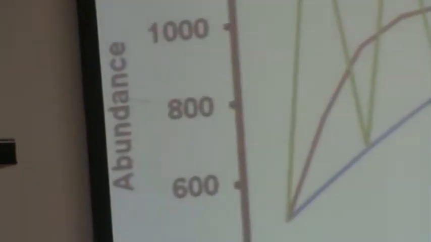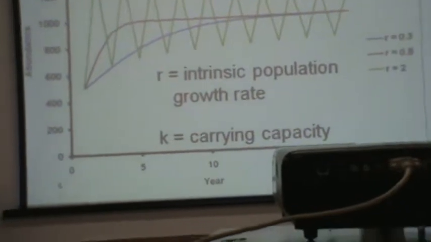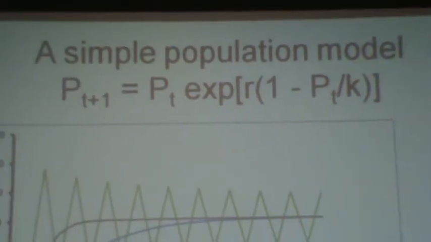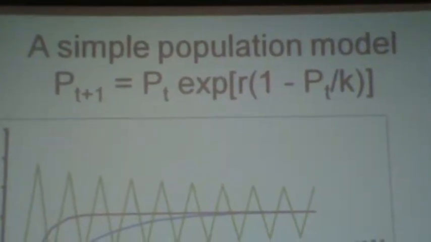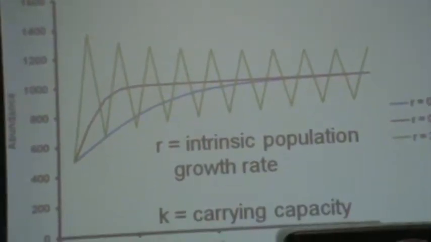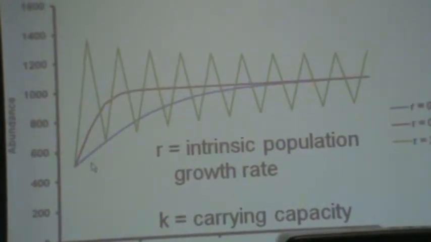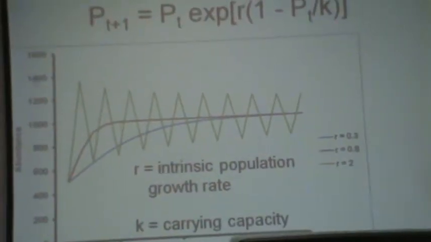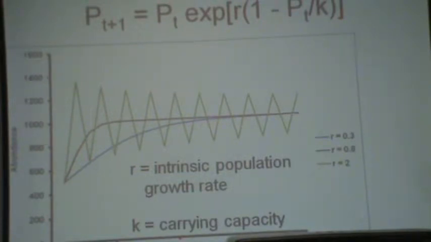So it just says that the population at the next time step is equal to the population at the current time step times this simple function of the current population, a growth rate parameter, and a carrying capacity parameter. And if you vary this growth rate, you get a population that very slowly approaches the carrying capacity, or very rapidly approaches the carrying capacity, or even can go past the carrying capacity and oscillate back and forth.